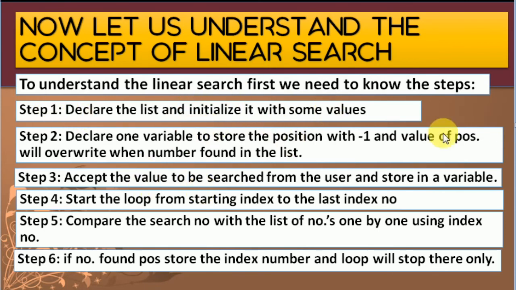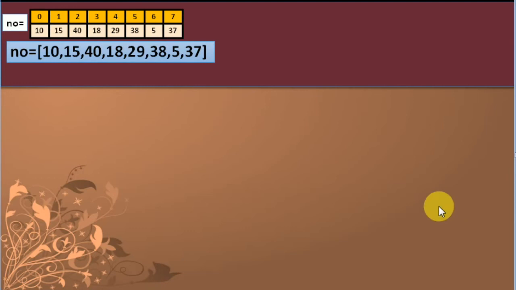And step by step we will do the programming. What is the first step? Step number 1 is declare the list and initialize it with some values. We move to step number 1. What is that step? We need to declare a list and initialize it with the numbers.